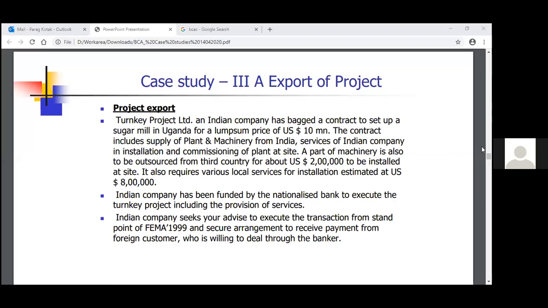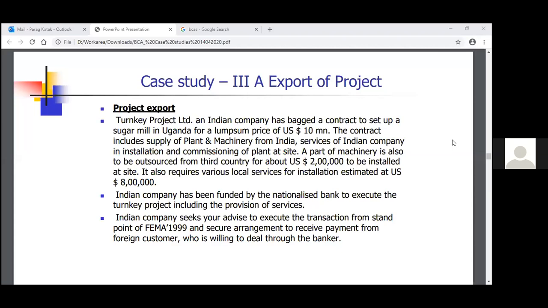Outside India, there is a procurement of machineries for 200,000 and also local services of 800,000. If you notice, the 200,000 of local purchase as well as the services of 800,000 would not even be covered by the current regulation of 23R or the provisions of merchandise trade, because in merchandise trade you require both legs of the transaction, import as well as export, outside India without touching the shores or ports of India.